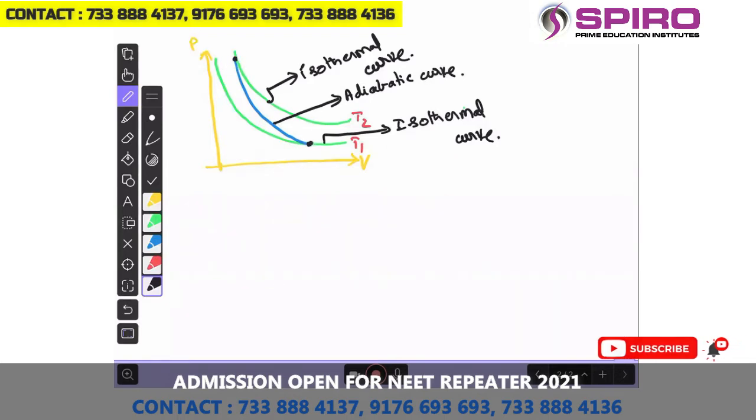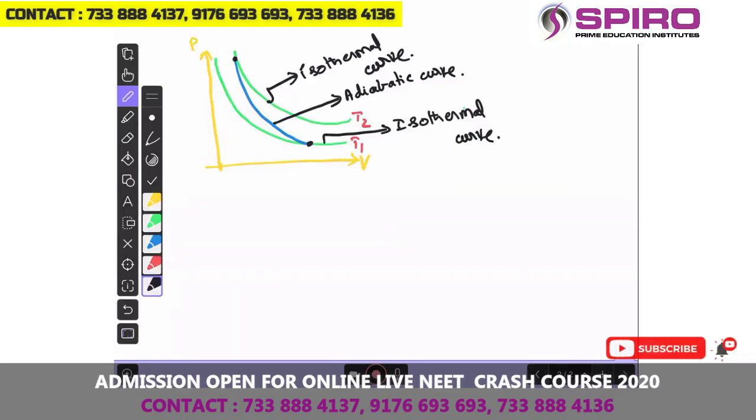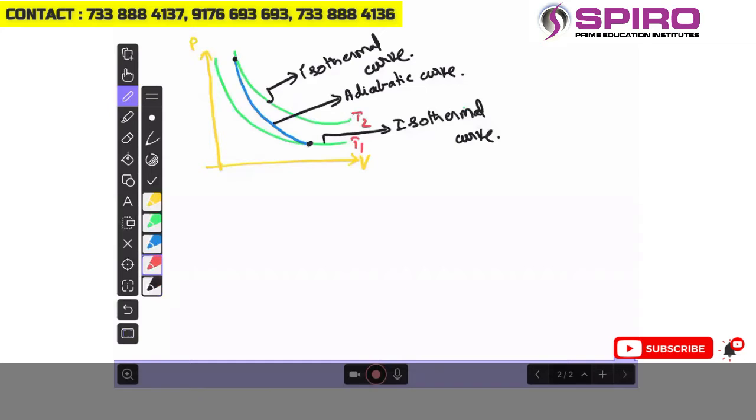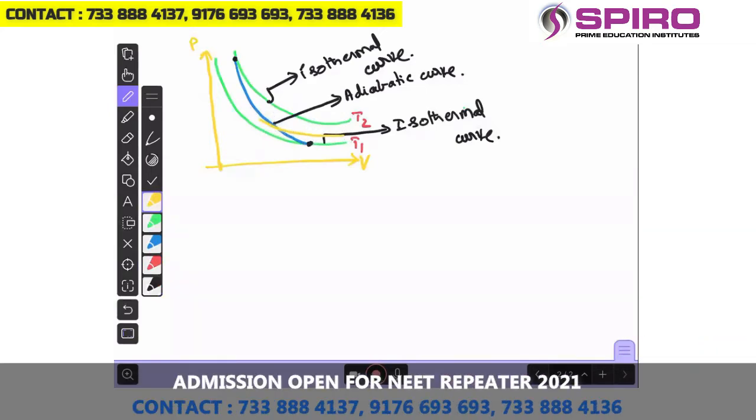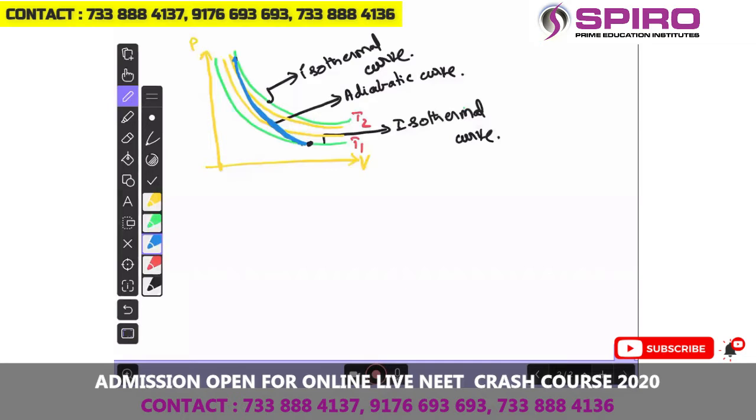An isothermal process will be conducted at constant temperature, but an adiabatic process is passing through different isothermal curves. Between these two isotherms, you can draw any number of isotherms at different constant temperatures, but the adiabatic curve is passing through different isothermal curves, that is, through different temperatures.